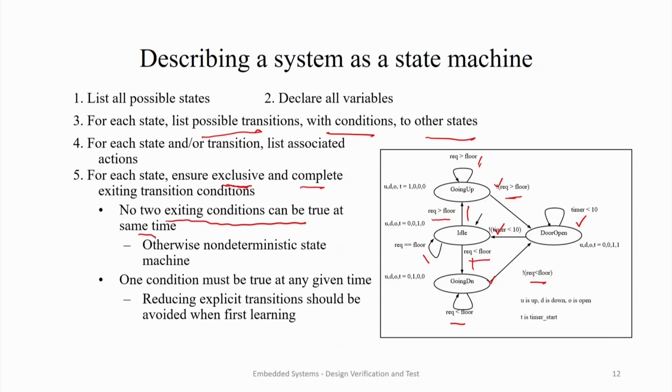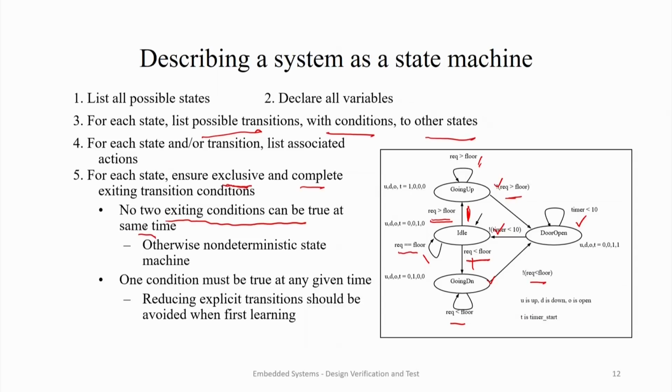For example, rec can be greater than floor, equal to floor, or less than floor. So, you have three transitions, none of which can be true simultaneously. If rec is greater than floor, rec cannot be equal to floor, and cannot be less than floor. So, these transitions will be exclusively excited.